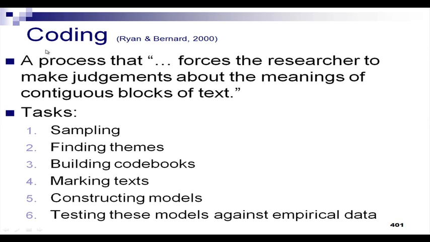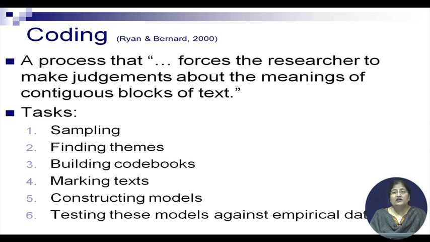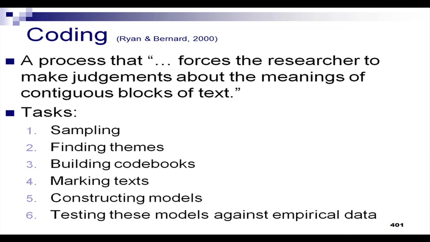Okay. Coding. Now what we do here is we code the data. Coding is a process that forces the researcher to make judgments about the meanings of contiguous blocks of text. So we read something and we are forced to see the chunks of words as building up a context. We are forced to make a judgment about what we see emerging out of the relationships of these words with each other, and that is what coding does.